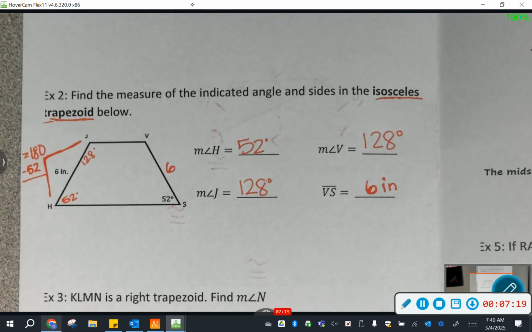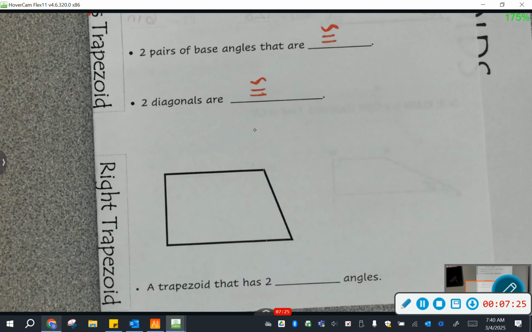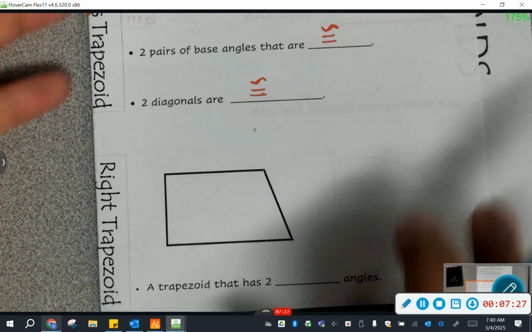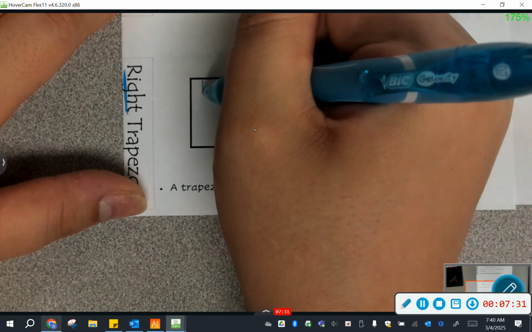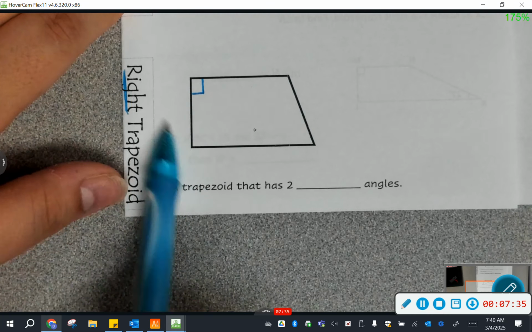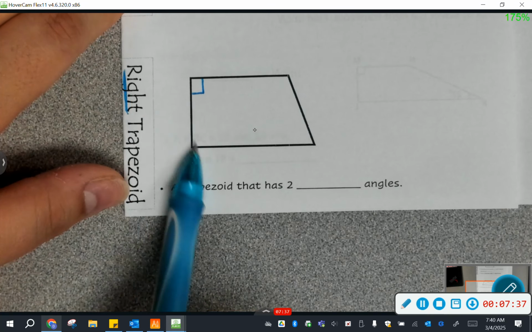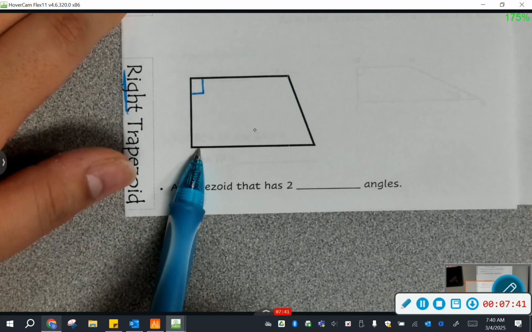All right, last one we got to do, close your notes, is a right trapezoid. Guess what a right trapezoid has? A right angle. Now, what do you know about these two angles? They equal 180, so if one of them is 90, what does the other one have to be?